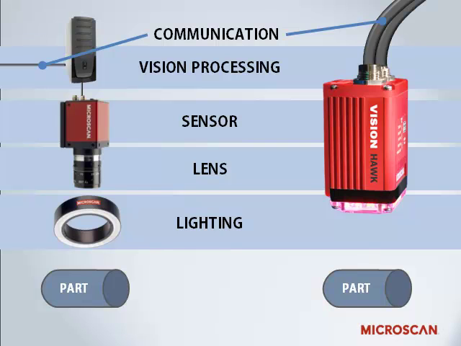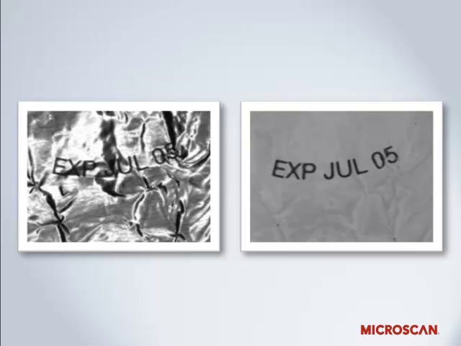So let's review. Machine vision systems may be integrated, such as a smart camera, or they may contain multiple components, such as a gigabit Ethernet camera solution. The 5 key components are the lighting, lens, sensor, vision processing, and communication. Lighting is critical to the success of a machine vision application and should make the features you're going to inspect stand out.